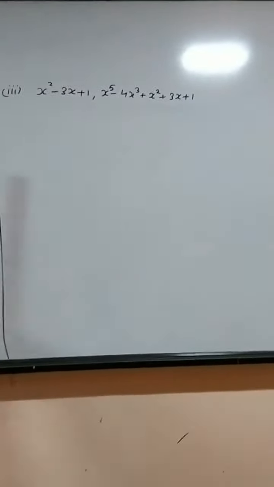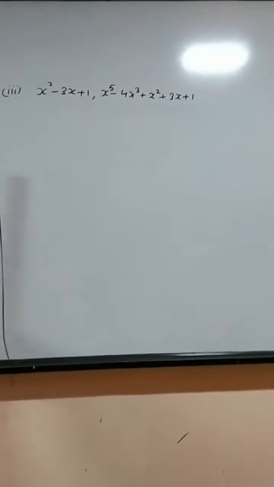Take the LCM, 4: 1 plus 1 minus, this is multiplied by 2, 10, this is multiplied by 4, 8. 1 plus 1 is 2 and 2 plus 8 is 10, minus 10, 0. So the remainder is 0. Therefore, 1/2 is a factor of p(x).